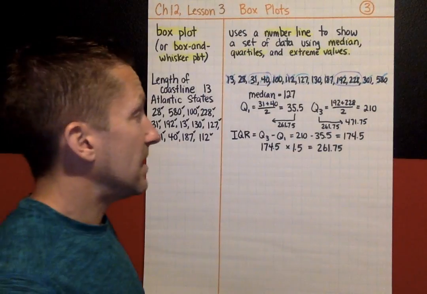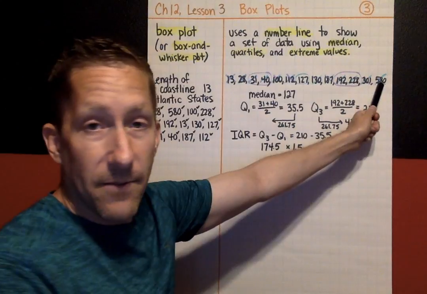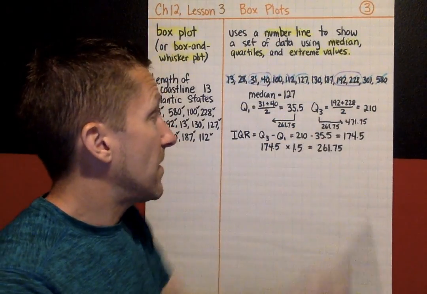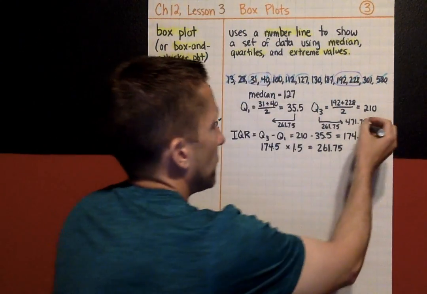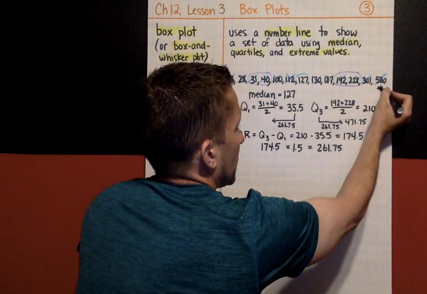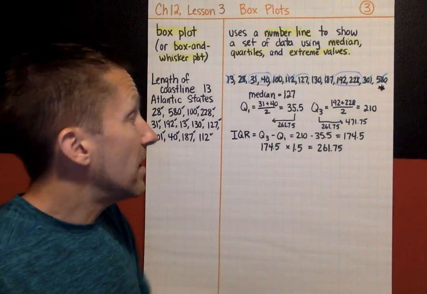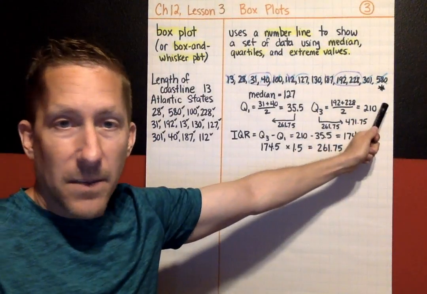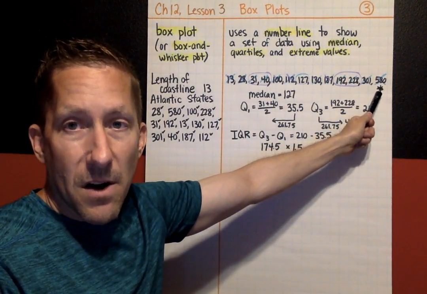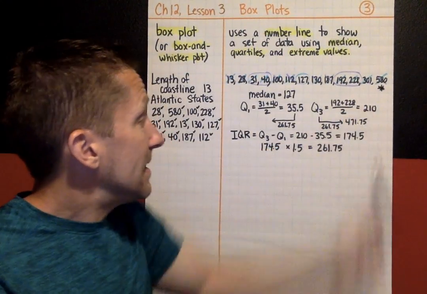And I look at my data, and it turns out I do have an outlier beyond that. I have a value at 580. That's beyond 471.75. So I'm going to put a little mark, or a star actually, right there on 580. That is an outlier. And it turns out when we make the box plot, which we'll do coming up, an outlier gets a star or an asterisk on your box plot. So that is an outlier.